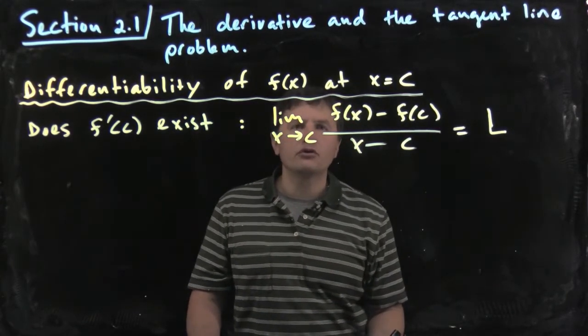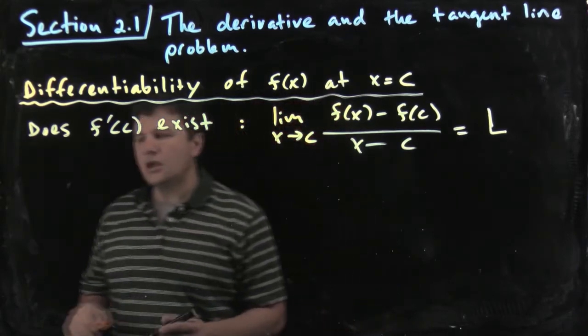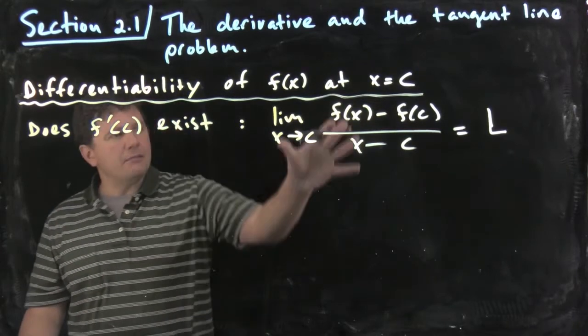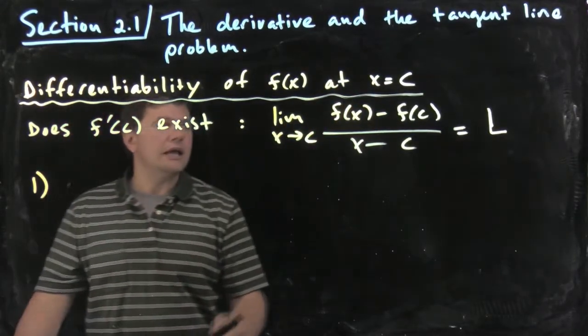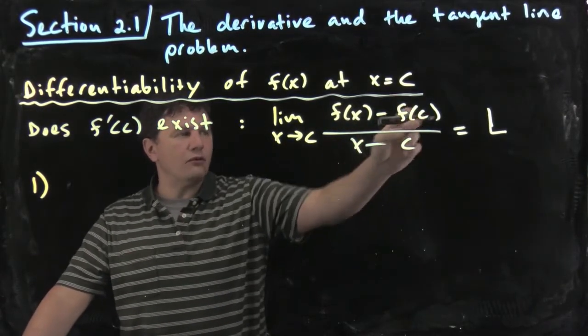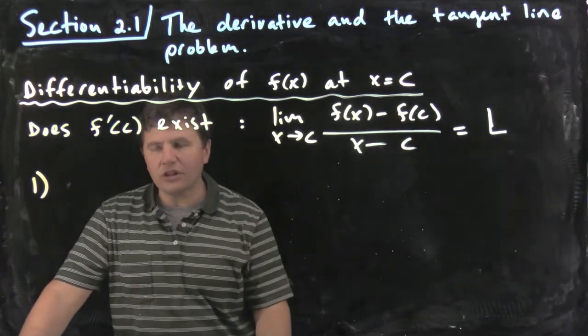So there's basically three things we have to watch out for to ensure this exists in order to say a function is differentiable. It basically comes from just analyzing this. First of all, f must be continuous. If f isn't continuous, for instance if we have a hole, this thing isn't going to exist. We're not going to have our f of c. We won't have our limit.